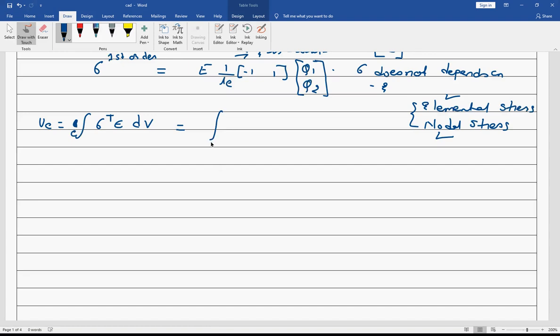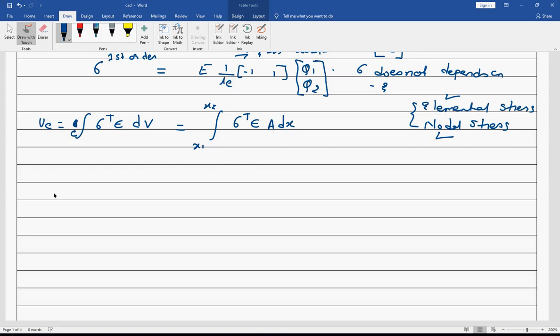For a one-dimensional element, the area is going to be constant. The area is not going to change from node 1 to node 2, so it remains constant and only varies along the length. So from x1 to x2, sigma transpose epsilon, that is stress and strain, and dV I can write as A dx, because the variation will be only in this format.